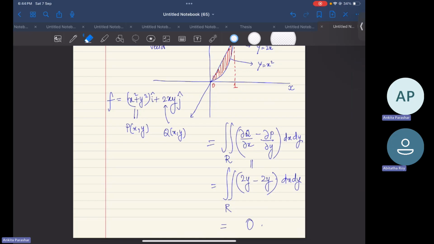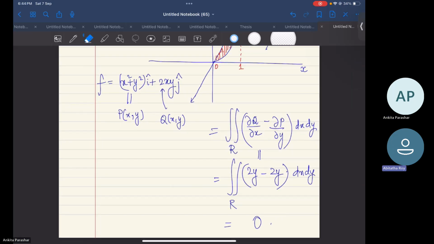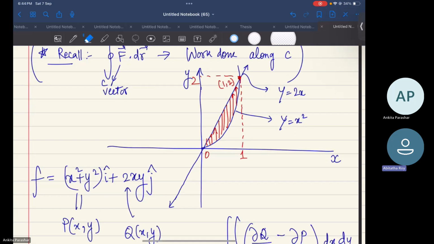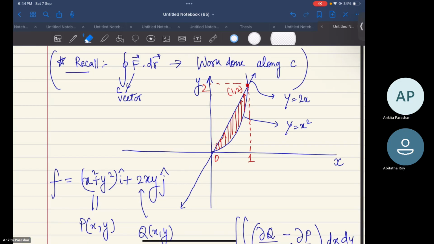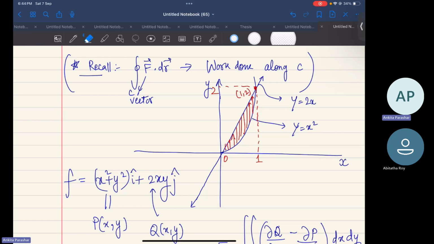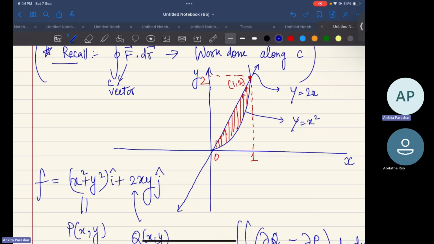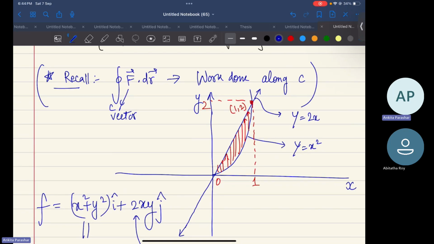Also, zero work does make sense because we are returning to the same place after traveling. It's kind of no displacement. Is that what you want to say? Well, kind of, one can say. I am not pretty sure about that, but this is one of the intuitions, that since we are coming back, there is no work done.